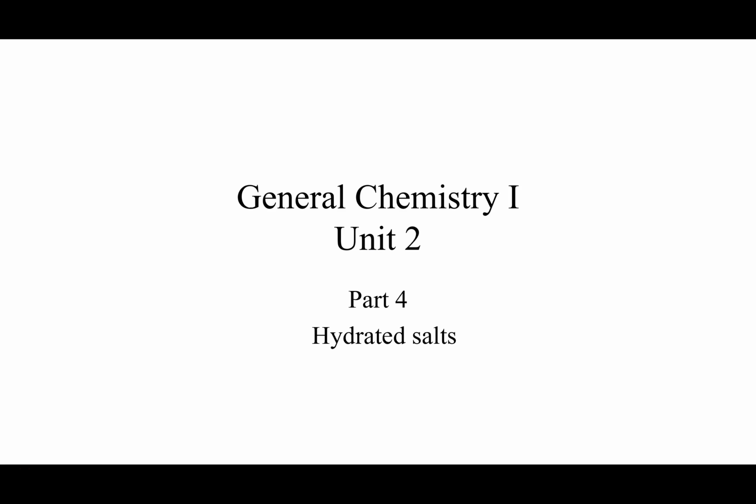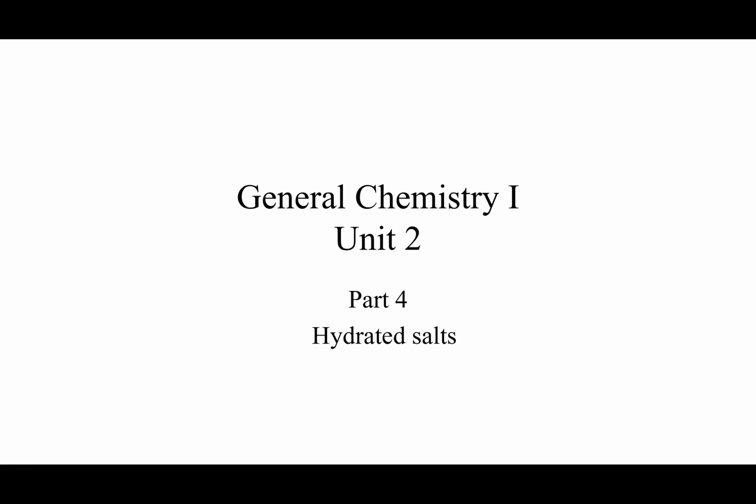The term salt, if I were to bring up my list of 2 types of compounds, we have molecular compound, ionic compound. Under ionic compounds, I would put the words commonly called salts. So this word salt just means an ionic compound.